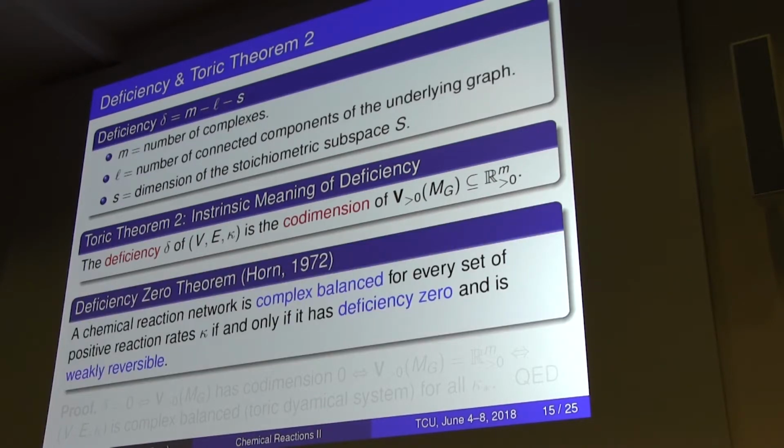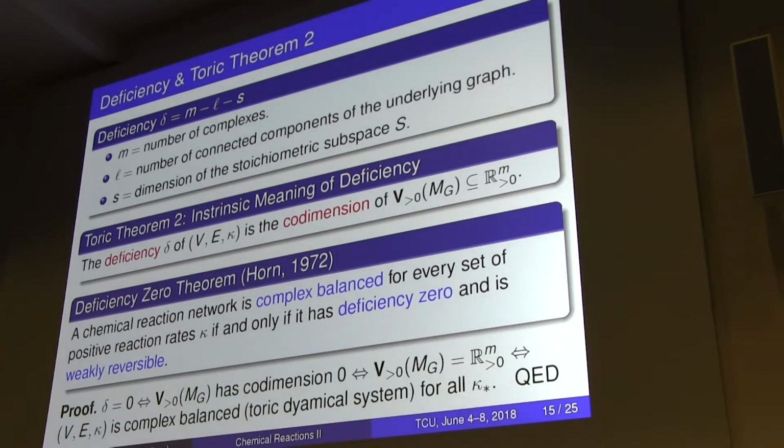Now we can actually revisit the deficiency 0 theorem. This is the theorem: it's complex balanced for every set of positive reaction rates if and only if deficiency 0 and weakly reversible. Part of the proof is that deficiency is 0. By this toric theorem 2, that has codimension 0. That means it's got to be the whole space.